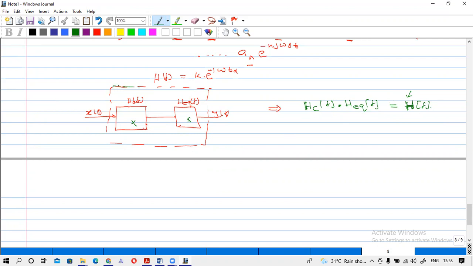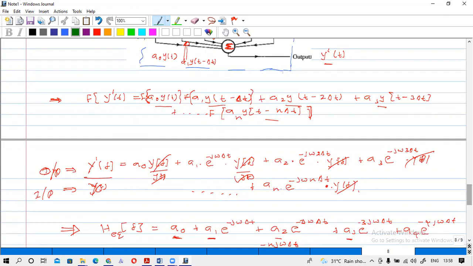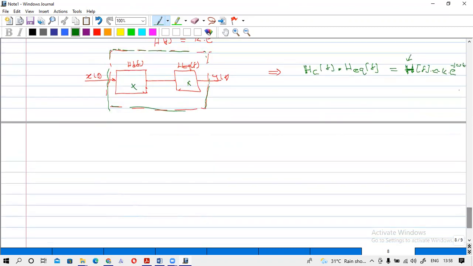Now this doesn't have any distortion, so this H(f) should be equal or approximately equal to K e to the power minus j omega TD.